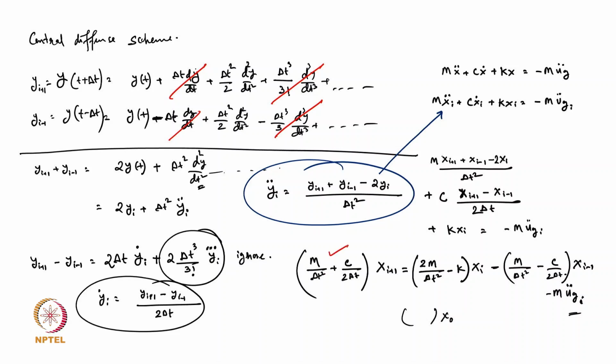This thing is known to me, m is known, c is known. If I also set delta t, then the full thing is known. Agreed? Next one, m is known, k is known, delta t is known, so this is also known. This is known, this is known, this is also known. And this is completely known for 0 to whatever the stage we are taking.